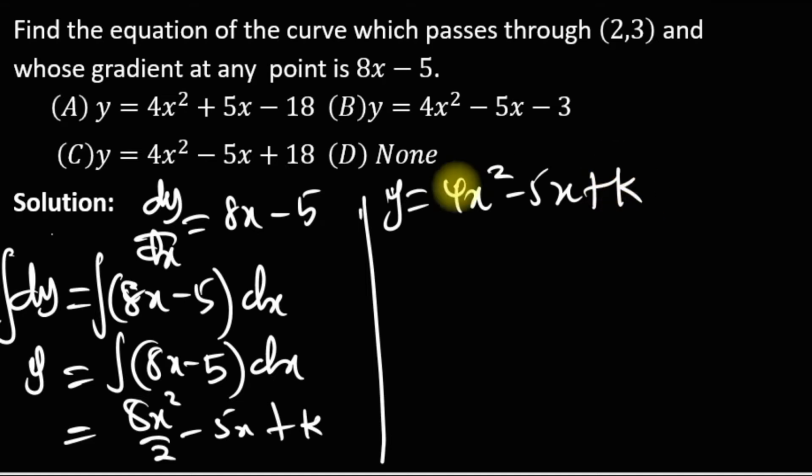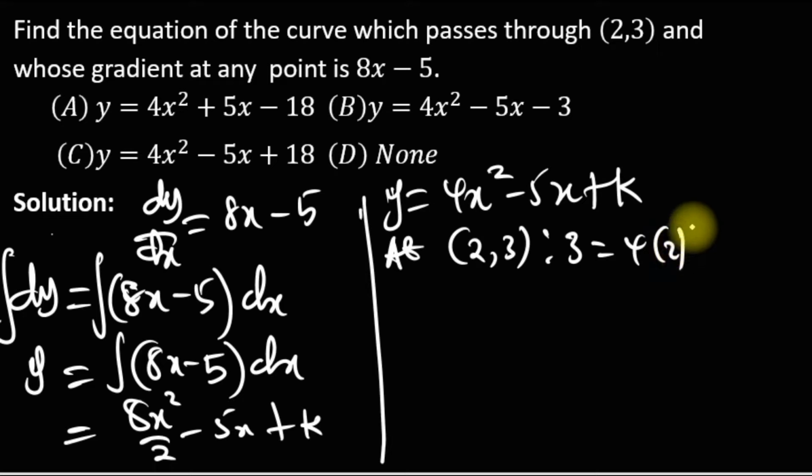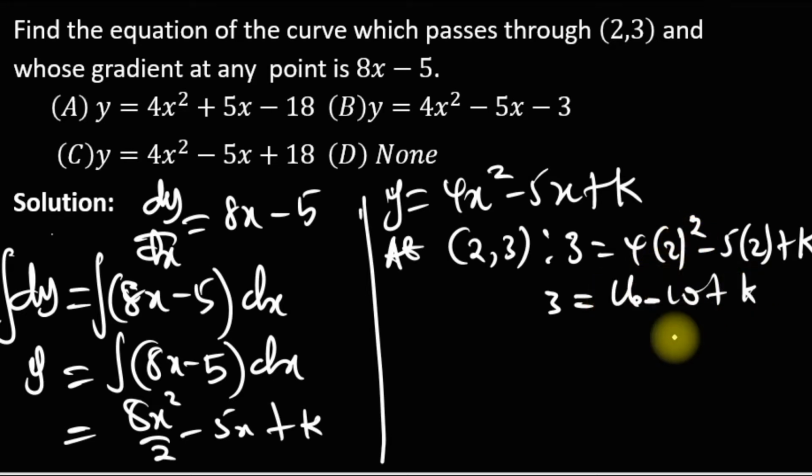So we are looking for the constant. We now use the point given. They say at point (2, 3), y is 3 and x is 2. So we have 3 equals 4 times 4, which is 16, minus 10 plus k.